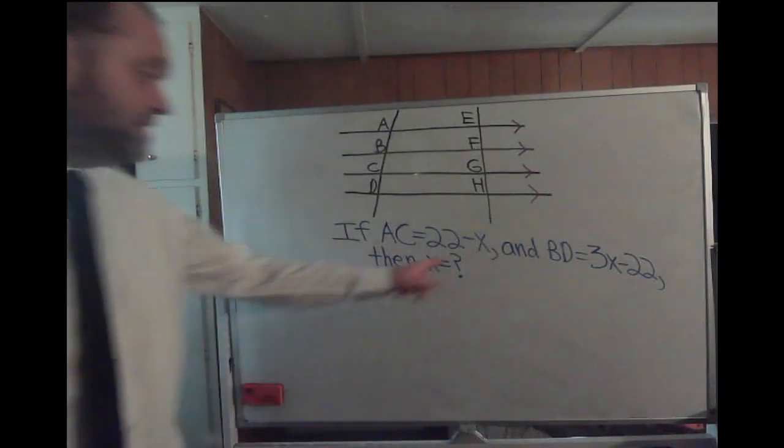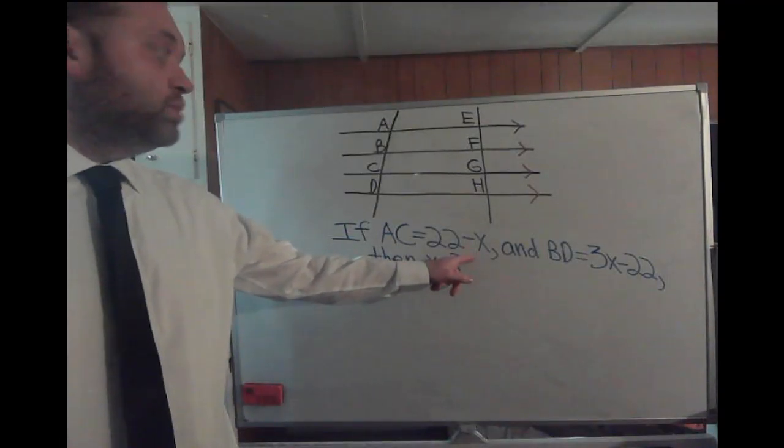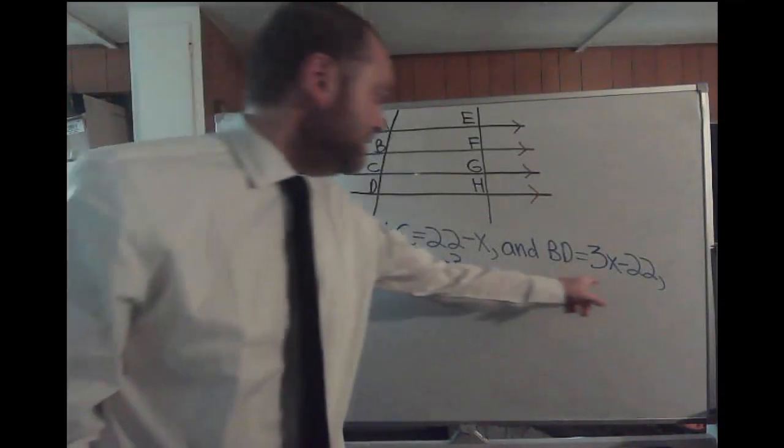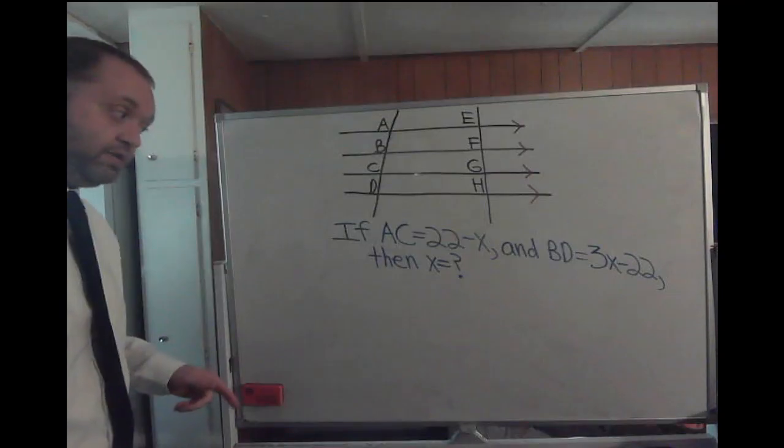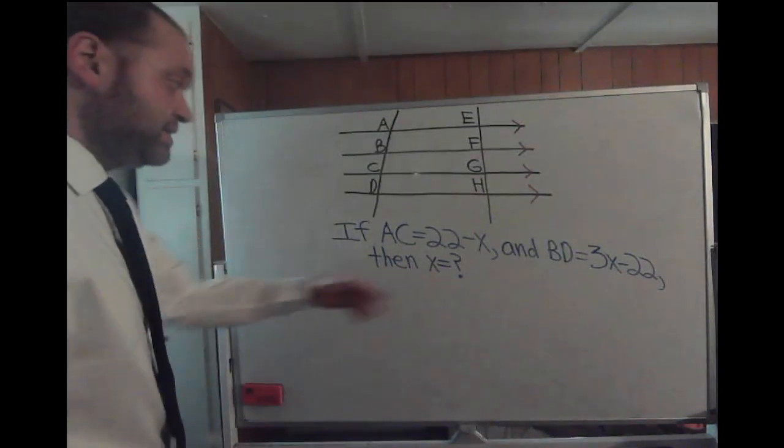We have that AC equals 22 minus x and BD equals 3x minus 22. Then what is x?